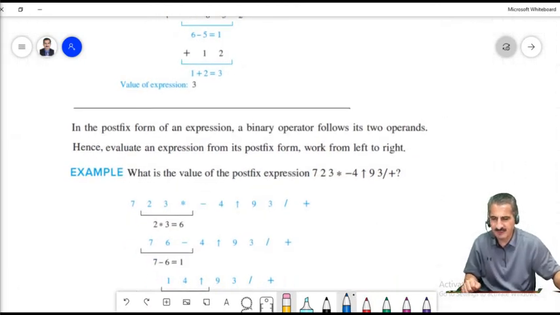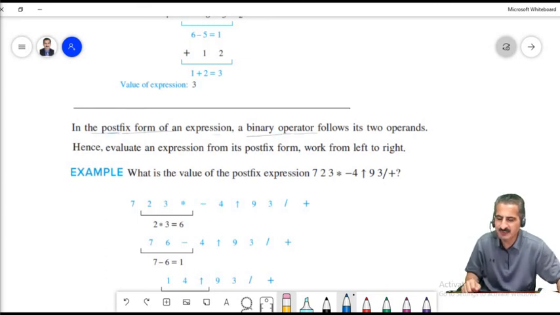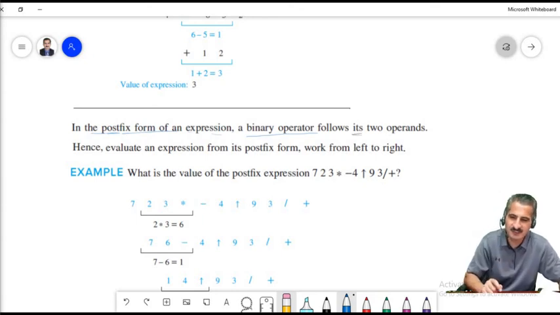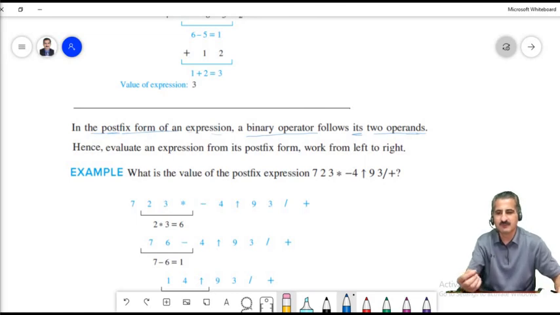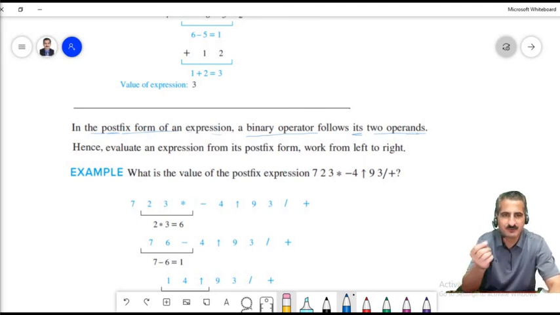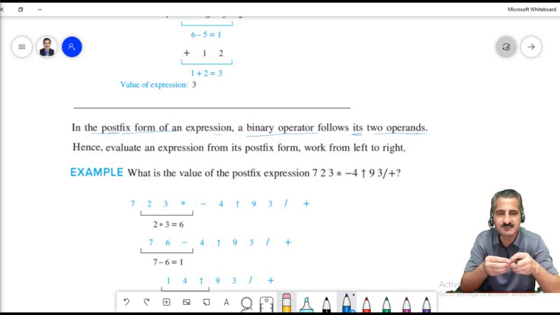which says in a postfix form of an expression, a binary operation follows its two operands. And if you think why this is happening, because if we go back to the tree above, you will find the binary operations are roots for subtrees.